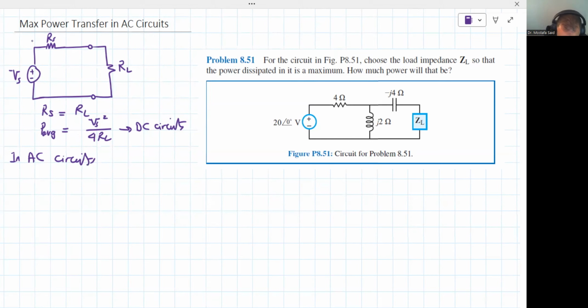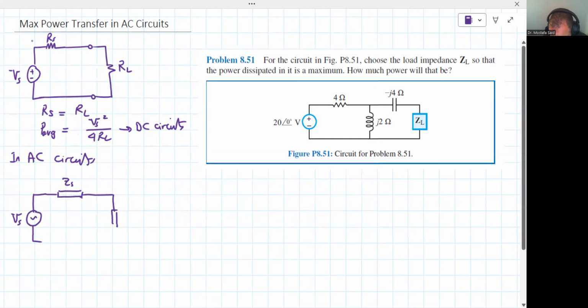So we have a Vs again. This Vs is variable, a cosine wave, for example, sinusoidal. Then you have an internal impedance Zs, and you have a load Zl.